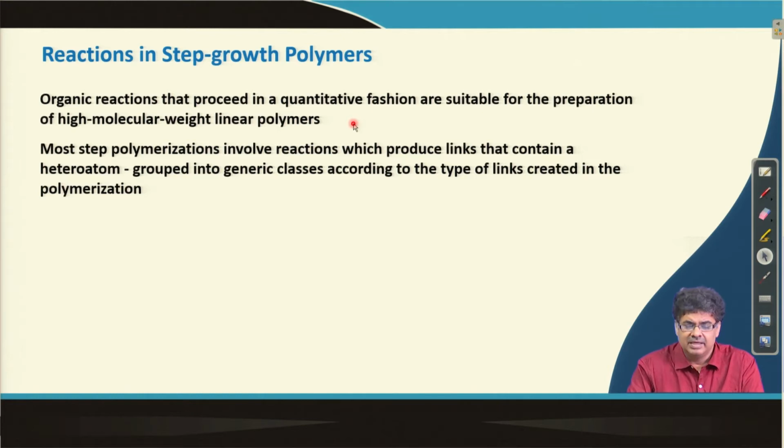Most step polymerizations involve reactions which produce links that contain heteroatoms like oxygen, and that is the reason these polymers are grouped as general classes, as we discussed during nomenclature, like polyester, polycarbonate, polyamides and so on.